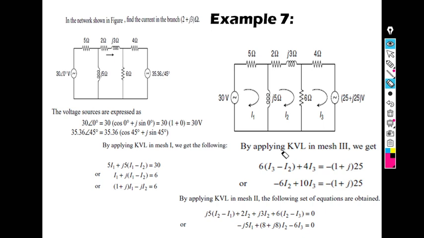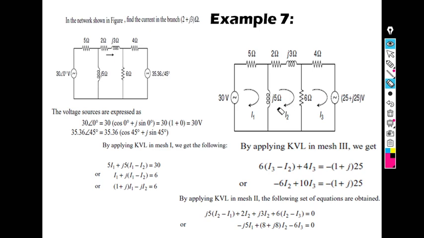So first equation: minus 30, if I give it to the other side, plus 30, 5 I1 plus J5 I1 minus J5 I2. Clear? So by doing this, (5 plus J5) I1 minus J5 I2 equals 30. So that is the first equation.